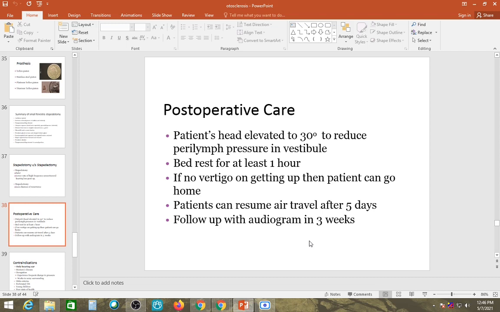If nothing happens, then the patient can go home, and we instruct the patient that after 5 days or 1 week they can travel. The follow up with the audiogram is after 3 weeks, or maybe after 1 month.